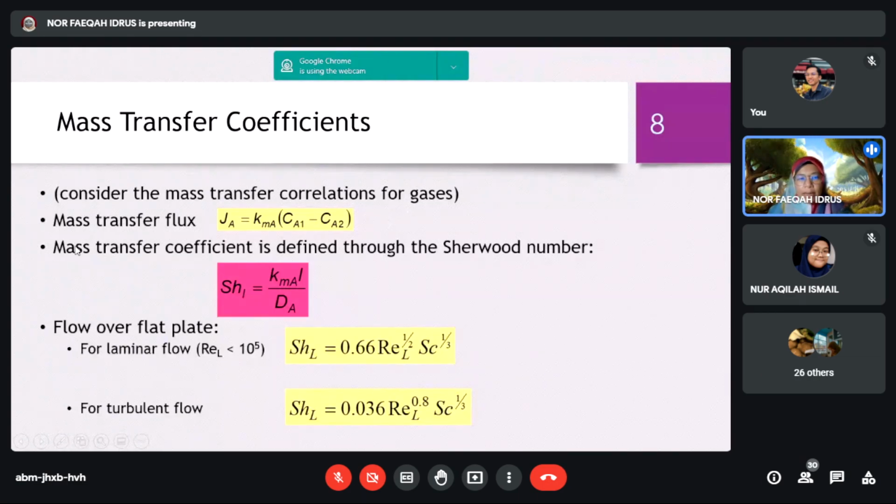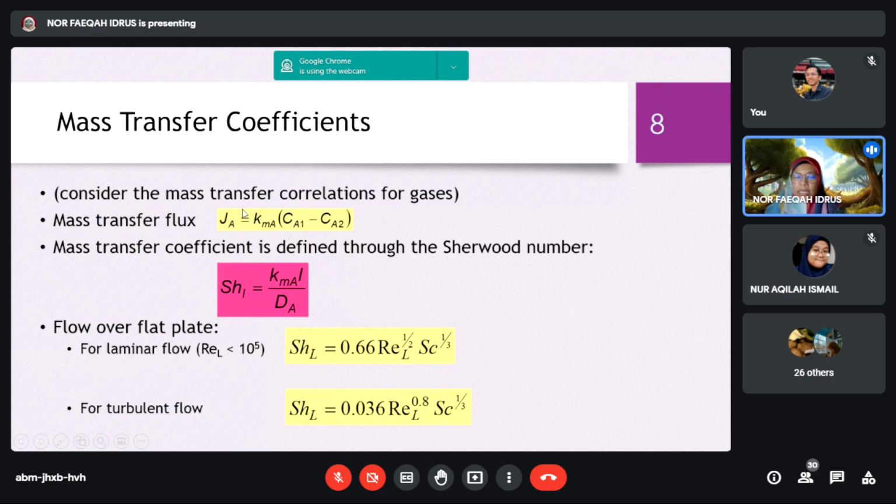From the definition of mass transfer flux that you have learned in transport phenomena, J, the mass transfer flux, equal to Km, the mass transfer coefficient, multiplied with Ca1 minus Ca2. So this is the concentration gradient. So it's similar with the mass transfer from bulk fluid to the external surface of catalyst earlier.